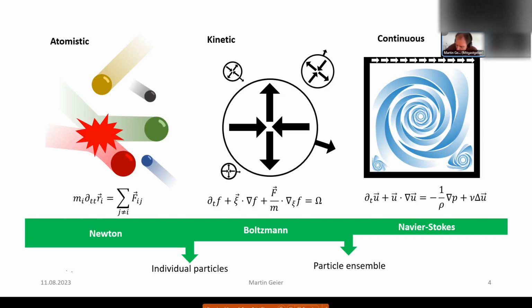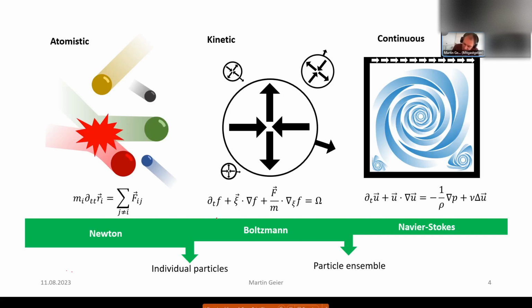The difference between them is that the Navier-Stokes equation is, to say, agnostic, or ignoring the existence of atoms. So we consider everything as a continuum. The Boltzmann equation does not consider individual atoms. There are no individual particles in the Boltzmann equation, but there are particle ensembles, but they are still particles.